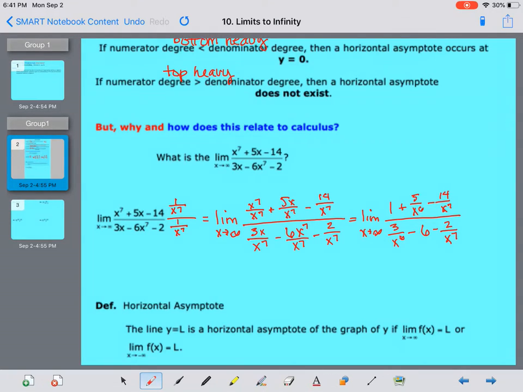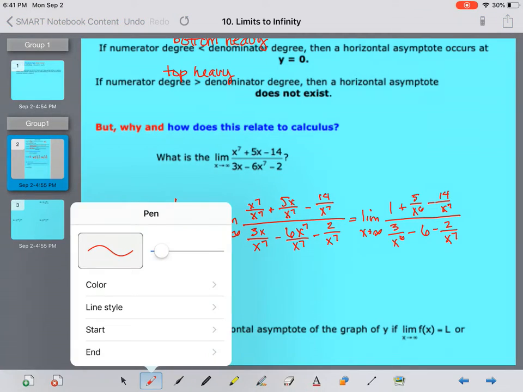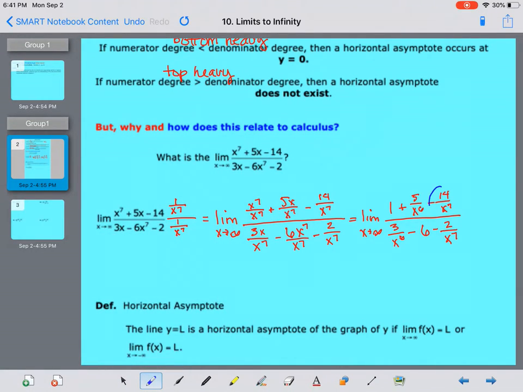Now, if we think about these fractions, this 5 over x to the 6th, negative 14 over x to the 7th, we're looking at x as it's approaching positive infinity. What that means is that the denominator for this fraction is growing really, really large.